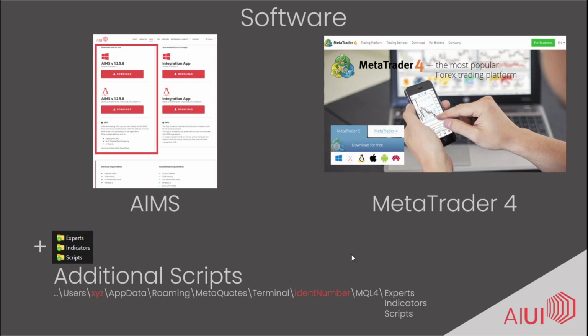But I will come to this in the other videos. You will have to add these scripts, and I will show this in the next video, in a specific directory of your computer where MetaTrader saves all the data, like indicators, experts, and so on.